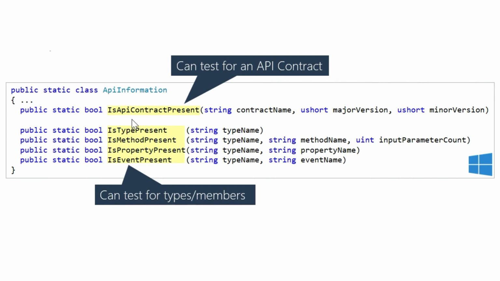These methods down here are actually fairly powerful. For example, if I call isTypePresent and I pass in the full name of the image scanner class and that comes back true, since the image scanner class is part of the scanner device contract, I can be guaranteed, since one type from that contract is available, that all the types from that contract will be available.